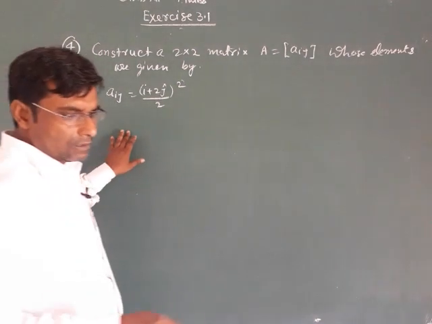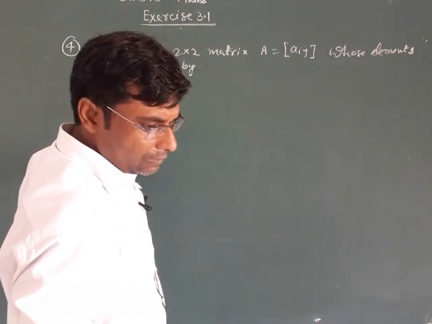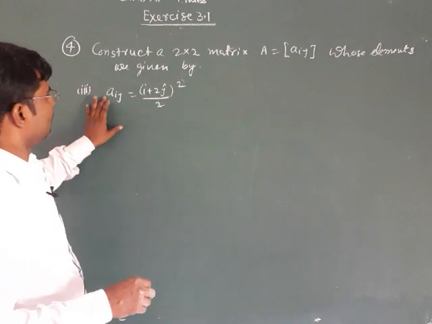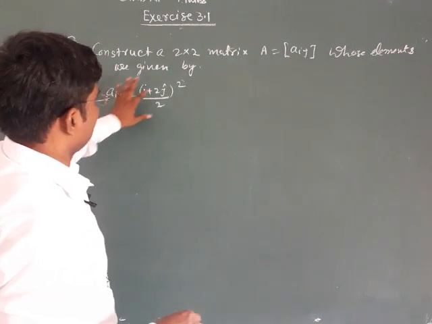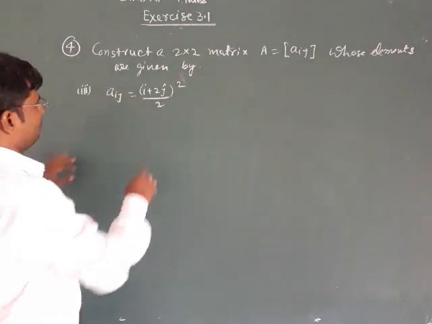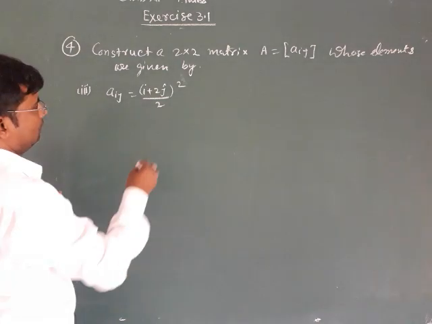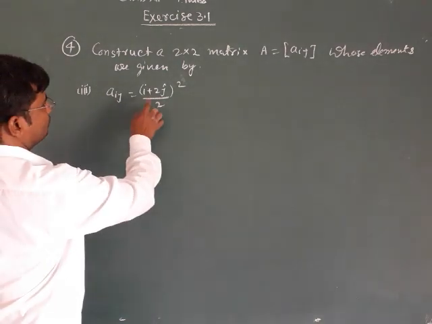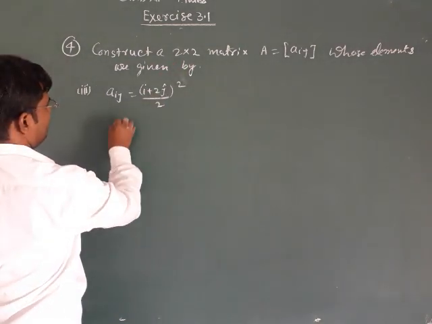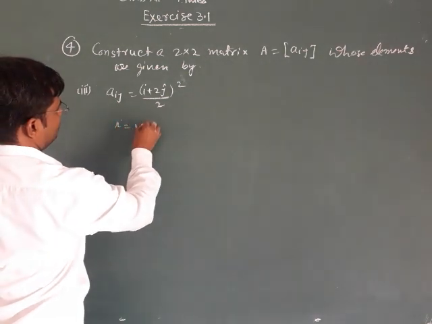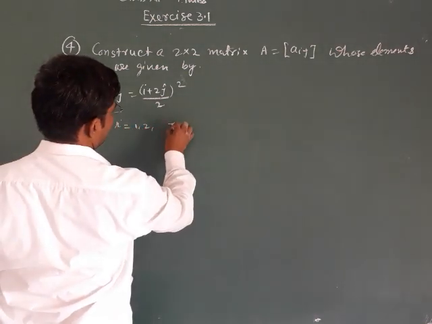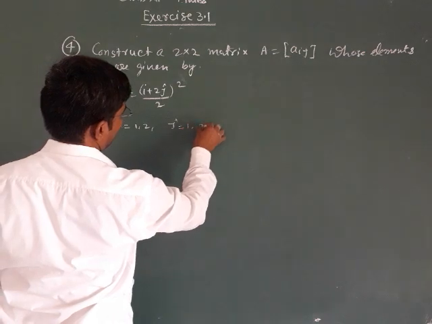Second part, do it yourself with the help of the first part, and the third part we solve here. So now aij is (i plus 2j) whole square upon 2, where i is equal to 1, 2 and j is equal to 1, 2.